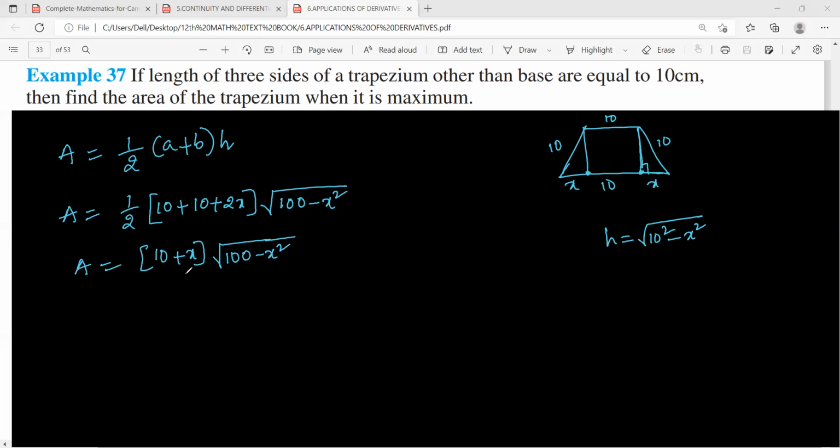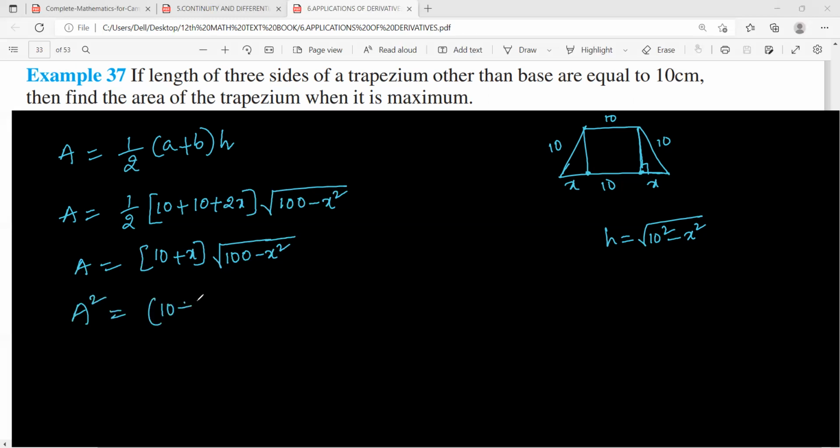But if you simplify as it is, you are going to get a denominator, and the second differentiation is going to be the u by v rule, which makes the problem complicated. So how to make it easy? A square. Good, A square. If area is maximum, then area square is also maximum.